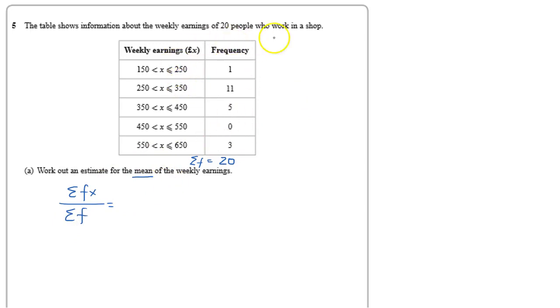X is the midpoint. So make sure when we talk about the mean, we take the midpoint. For the mean we take midpoint and we multiply by the frequency. So here the midpoint is 150, 200, 250. So this is 200. This one is 300.